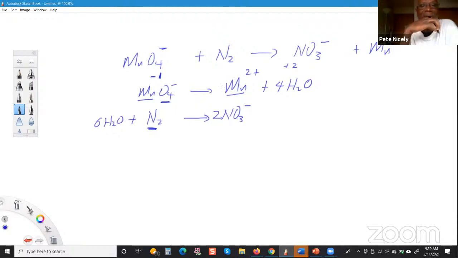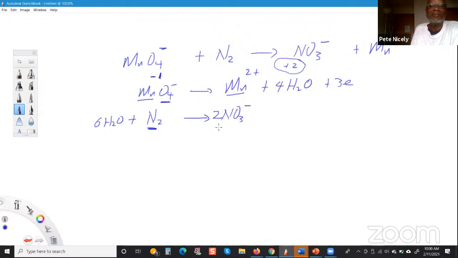To balance the charges, we have to add electrons to the side which has a higher net charge, which would be that side right there. So we add 3 electrons to this side because 2 minus 3 gives you -1, so the charges are balanced. That's how we balance the charges in the first half equation.